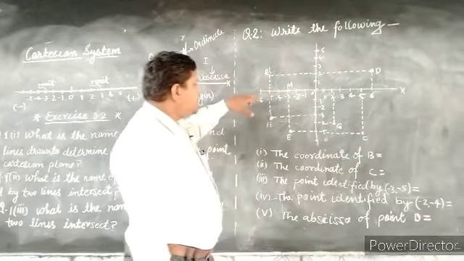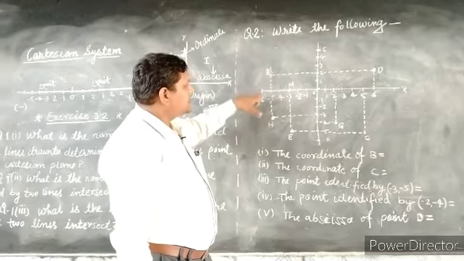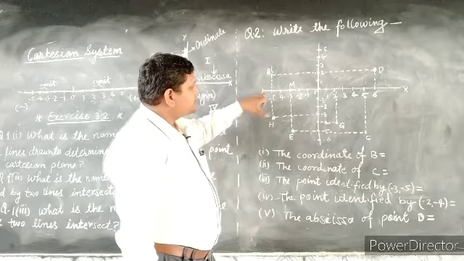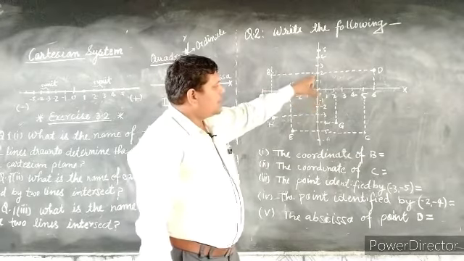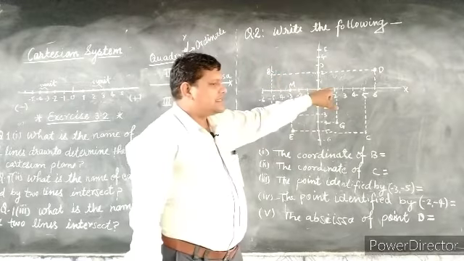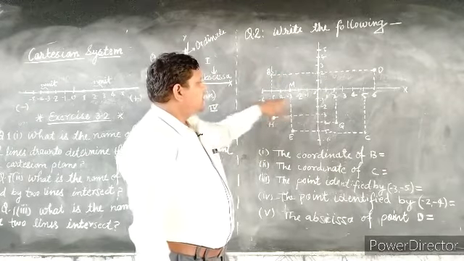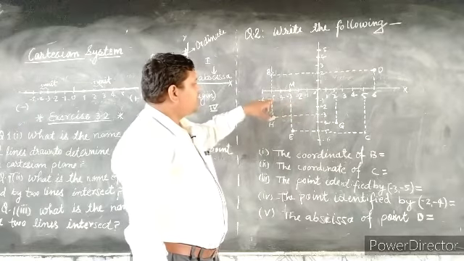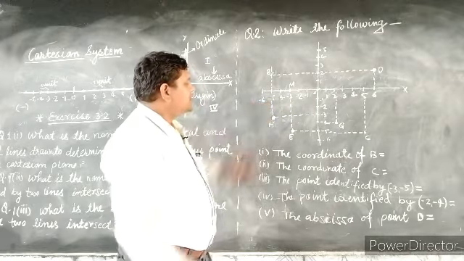So first of all we determine the location of the point. This is your point B, and it is 1, 2, so 2 units away from the x-axis, and 1, 2, 3, 4, 5, so 5 units away from the y-axis.